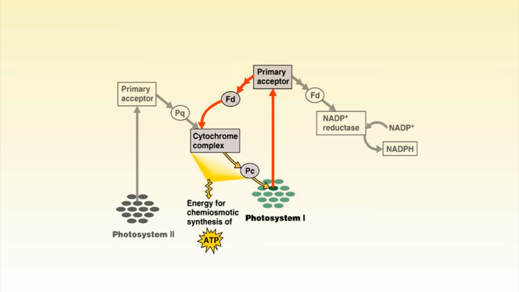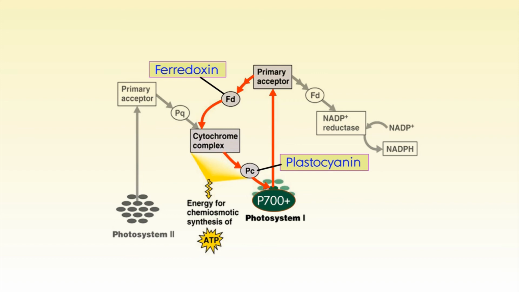The electron in reduced ferredoxin is transferred to the cytochrome b6f complex rather than to NADP+. This electron then flows back through the cytochrome b6f complex to reduce plastocyanin, which can then be reoxidized by P700+ in PS1 to complete a cycle.